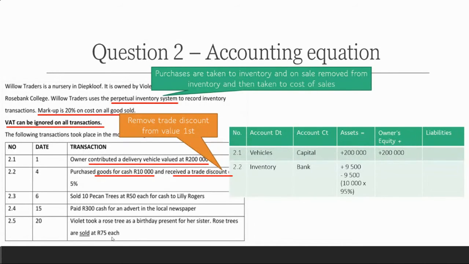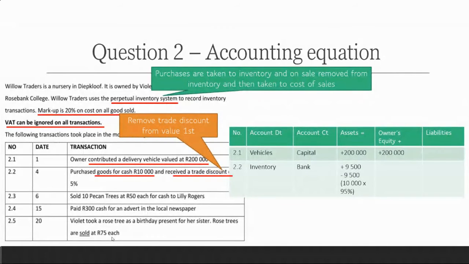If you leave it blank and you just put a zero effect in there, I do not know if you understand that it actually has an increase and a decrease, or whether you are unsure that there's nothing happening in that account. So for this one specifically, if you did not show the positive and the negative in the same category, you would have lost either one or both of the marks.